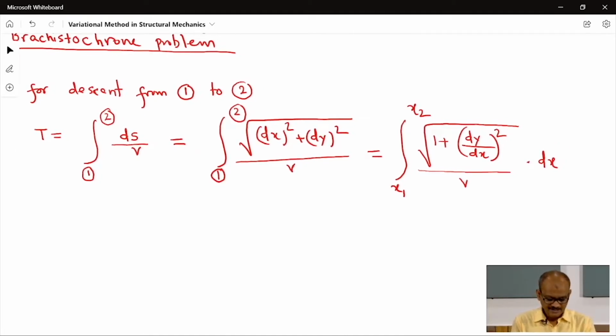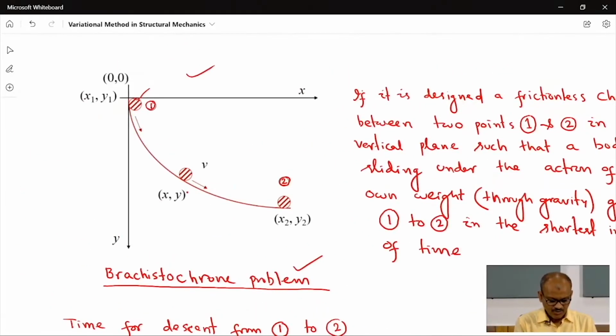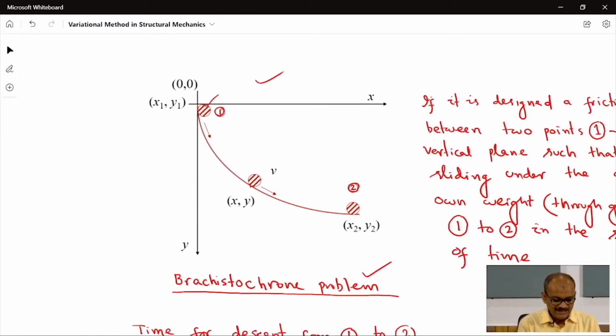From this figure, this is the point with coordinates x, y. Can I write mg into y, mgh, that the loss in potential energy is equal to the gain in kinetic energy, half m v square. So this implies v is equal to root of 2g y.